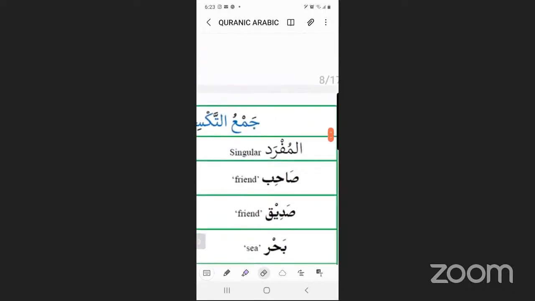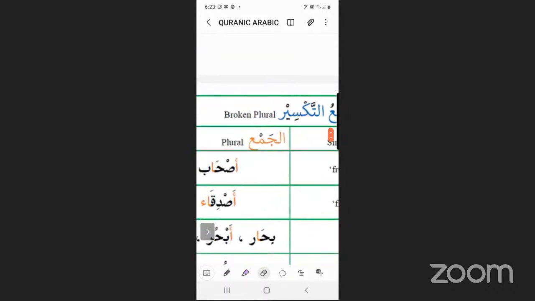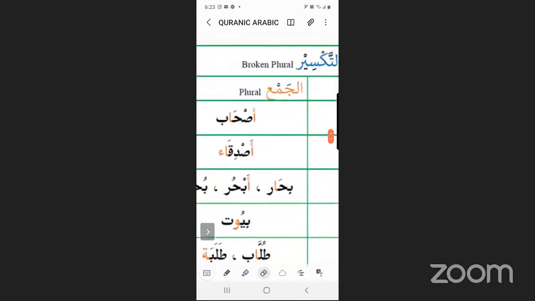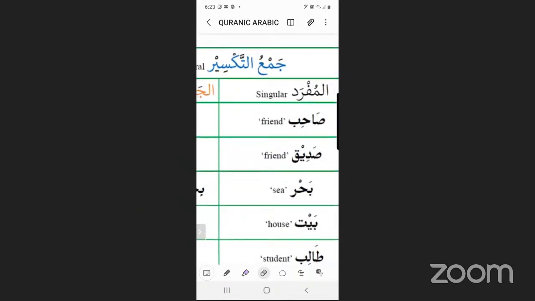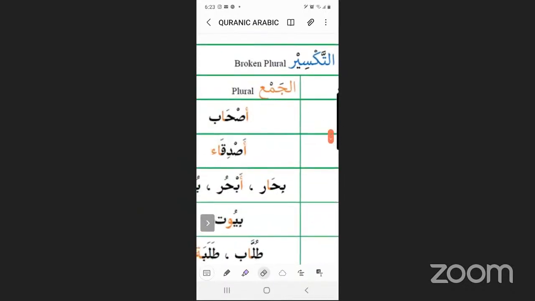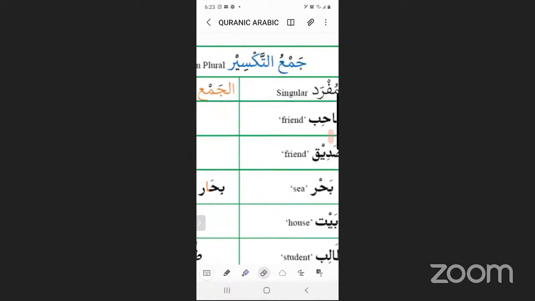So here you can see jam' taksir, the broken plural. Example: sahab became ashab. So an alif has been added, you see it in the red, in order to make a plural.